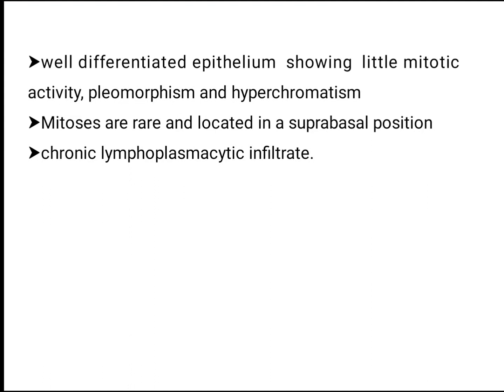So well differentiated epithelium showing little mitotic activity, pleomorphism and hyperchromatism. So we will see very little amount of mitotic activity or pleomorphism or hyperchromatism. Mitoses are rare and located in the suprabasal position. Chronic lymphoplasmacytic infiltrate. So in the connective tissue we will see inflammatory cells, lymphocytes and the plasma cells.